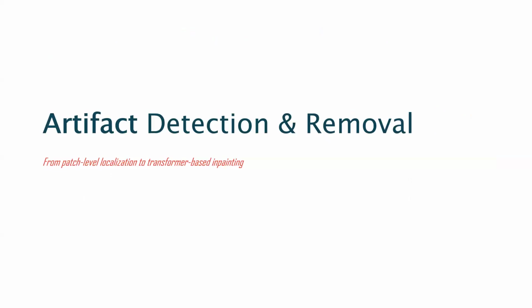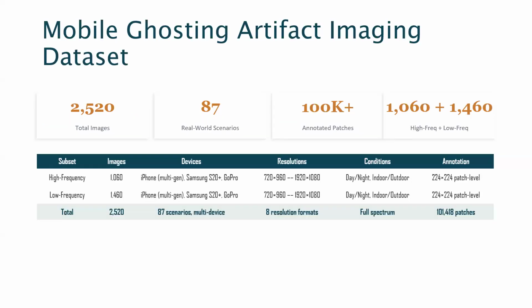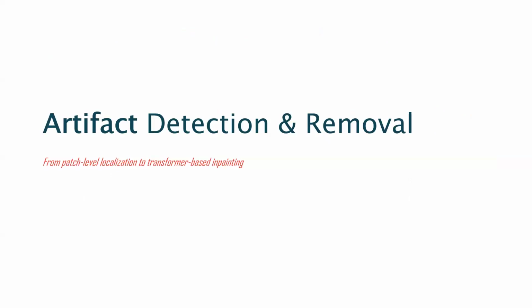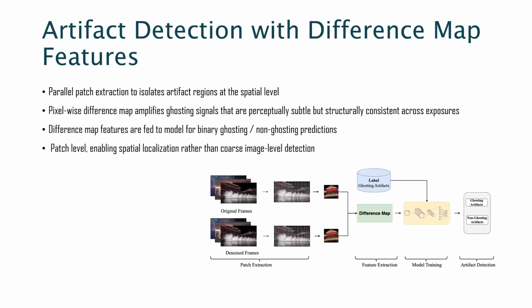Now, although we have developed a dataset and everything, how does the current work perform when we talk about artifact detection and removal, from patch-level localization to the transformer-level method?